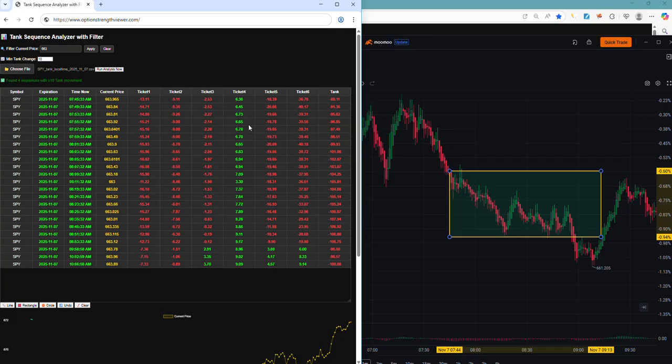So people are buying the cheapest out of the money calls. Ticket 3 is now from minus 253 at point 12. It's about to be positive. Ticket 2 about to be positive, and ticket 1 about to be positive.